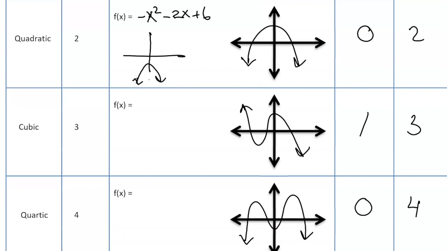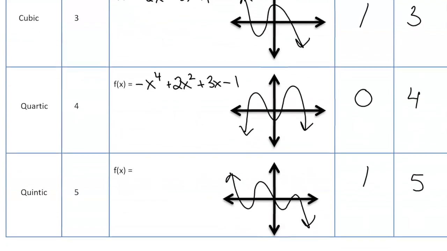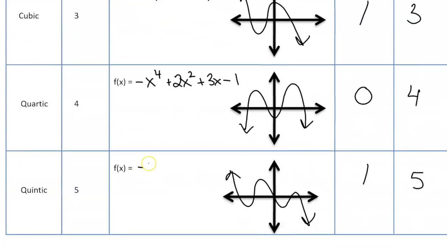If you have a cubic function, that could be something like y equals negative 2x cubed plus 3x plus 1. Negative x to the 4 plus 2x squared plus 3x minus 1. And how about negative 5x to the 5, crazy, plus 3x to the 4 minus 2x plus 3.